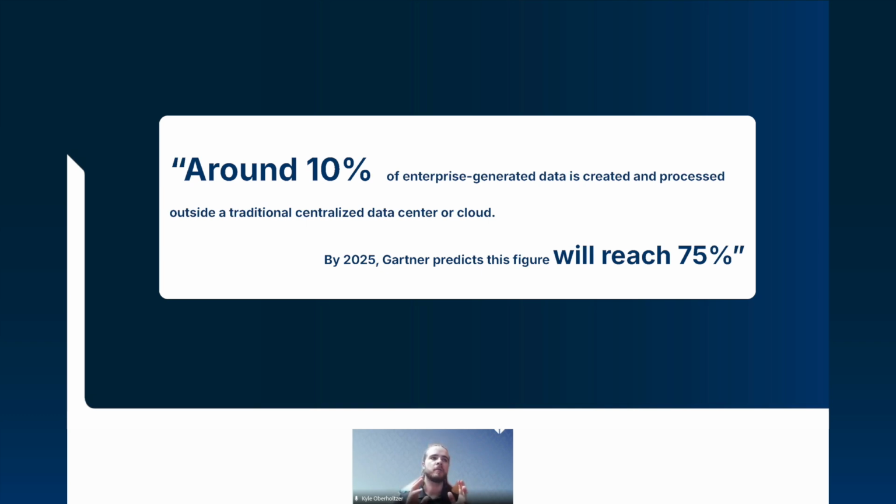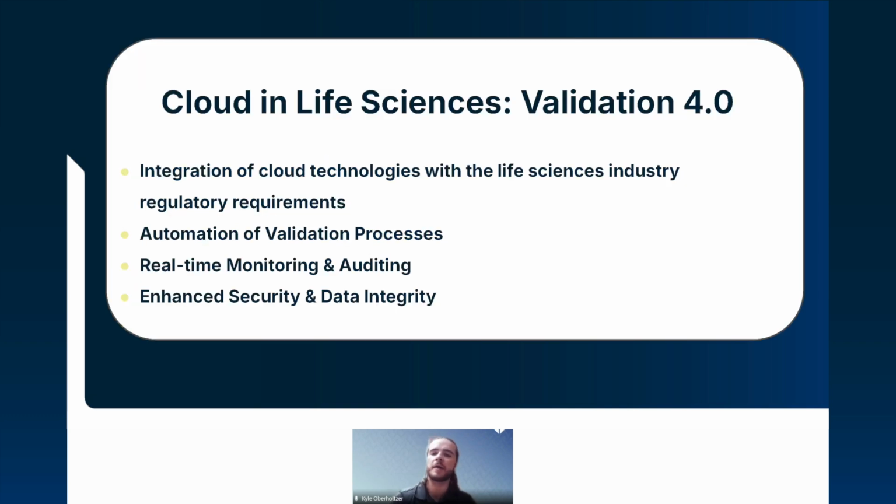Now, when talking about cloud systems, especially in life sciences, we have to talk about validation and regulation. So in APAC, we've started to see an adoption of the newer method of validation, validation 4.0, that we've seen in the EU and US regions.